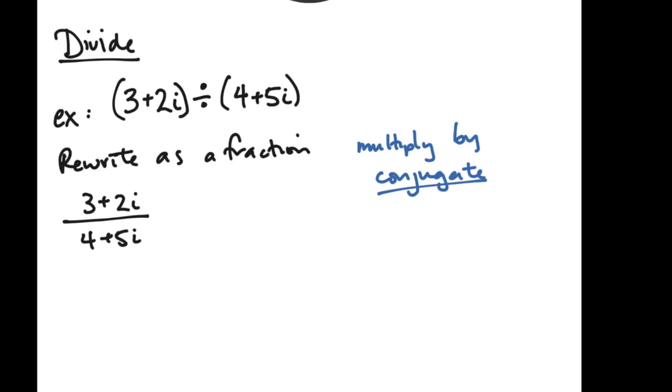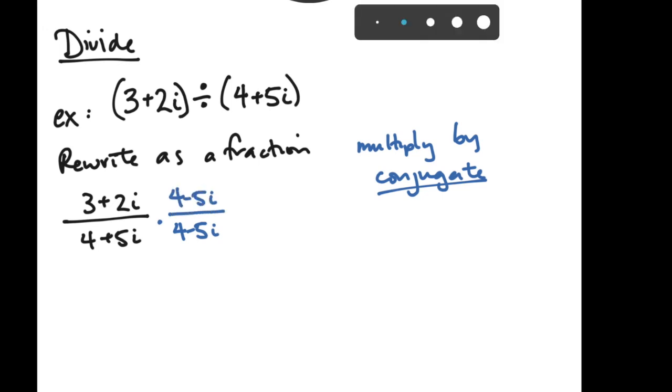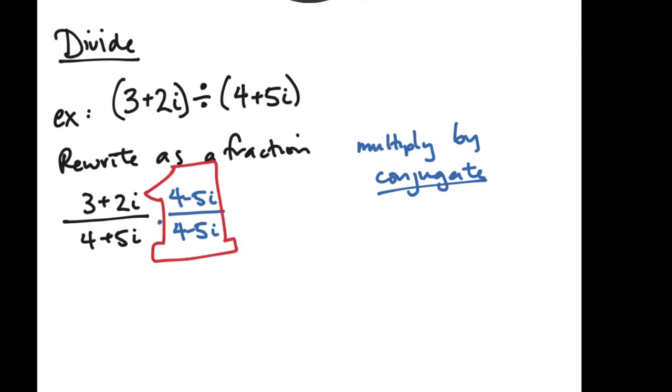So if it is 4 plus 5i, I'm going to multiply by 4 minus 5i. If I do that to the bottom, I have to do that to the top. The reason why is because this becomes that giant 1 that we have learned previously in CPM.